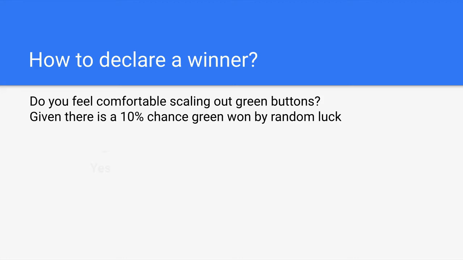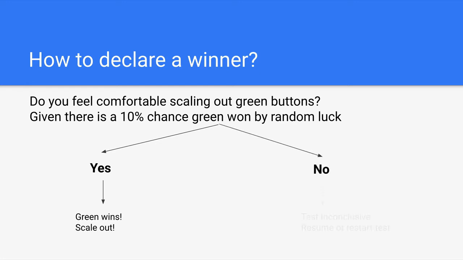If the answer is yes, then go ahead and call the green button your winner. If not, then go ahead and either extend your test to run for a longer period of time, or just repeat the test again.